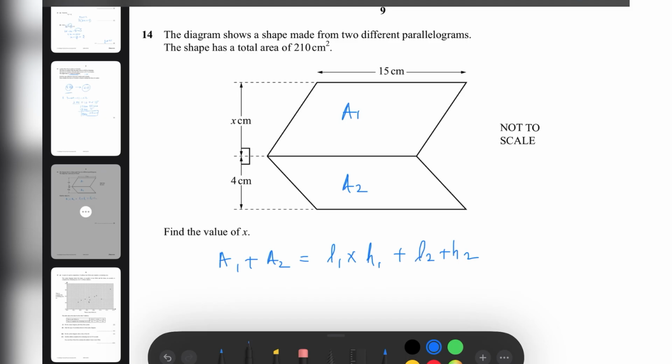Now what is length here? 15 centimeter. Into height. What is height here? It is x. I don't know what it is. Plus L2. L2 will be the same because both have this thing. So it will be 15 centimeter. Height is 4, and total is what? 210 centimeter square.